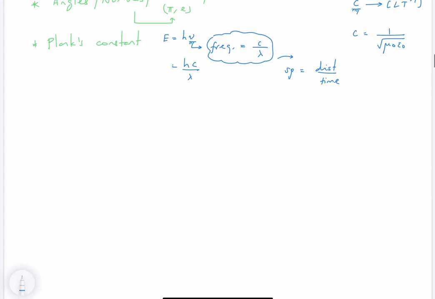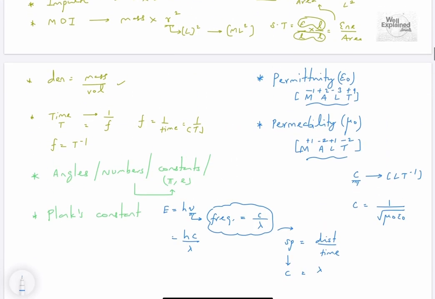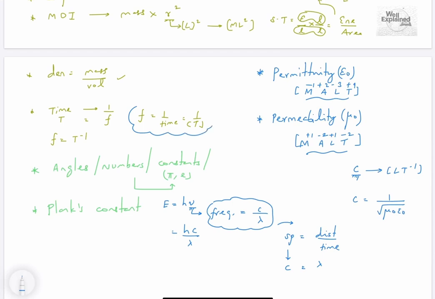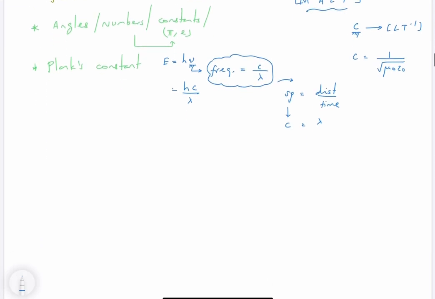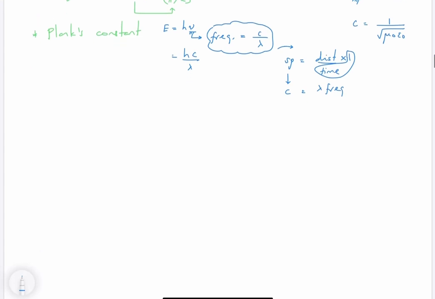But here we measure speed as speed of light. What is the distance that we are referring to? We refer to it as lambda. Frequency is nothing but 1 by time. So why can't I write this, let's say, into 1? Because there's no quantity. So this 1 by time, I can write as frequency. So C by lambda equals frequency, and that is the formula that you'll get. So E equals hc by lambda. And here h stands for Planck's constant.